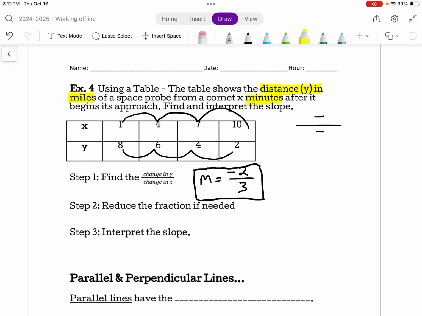So it's basically the y value, which is my top, the numerator, is a distance in miles, and then the denominator is a time in minutes. So if I'm interpreting this, I would say that for every 2 miles, and it's negative 2 because it's getting closer to the probe. For every 2 miles, it takes 3 minutes.